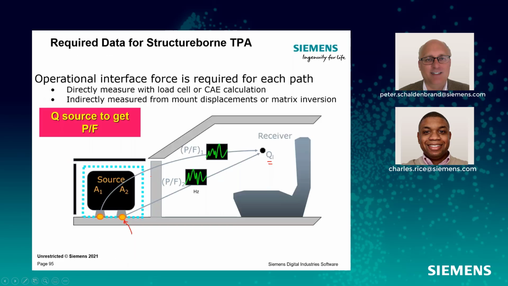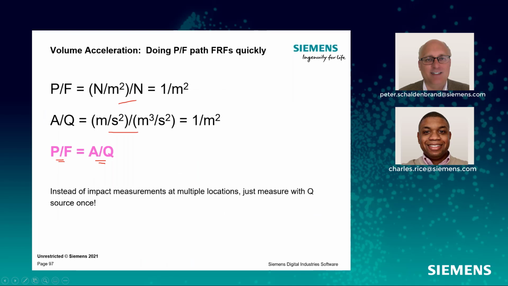In fact, that means I can just have a bunch of accelerometers. Instead of going around with an impact hammer and hitting at each location, I can just get all the FRFs at once if I put the Q source here because of those relationships. So instead of impacting multiple locations, just use the Q source once, which is pretty nice.